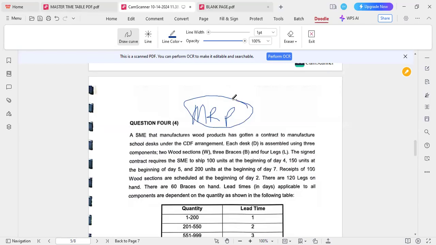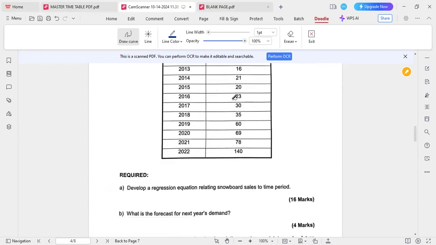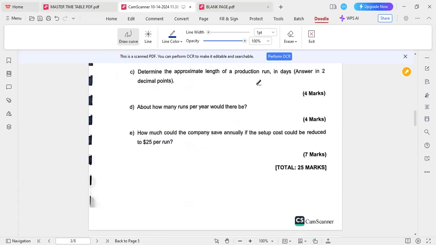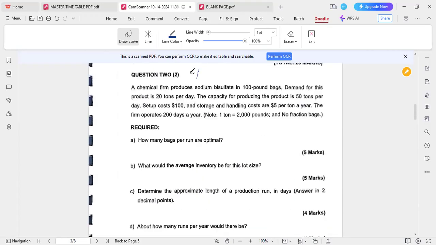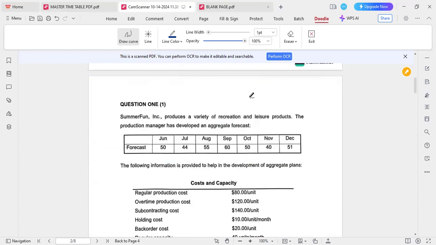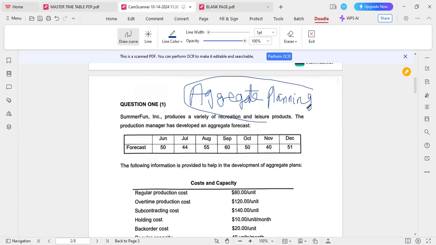And this one is on forecasting, linear regression. This is inventory management. And then this other one is aggregate planning. Please take note of this.